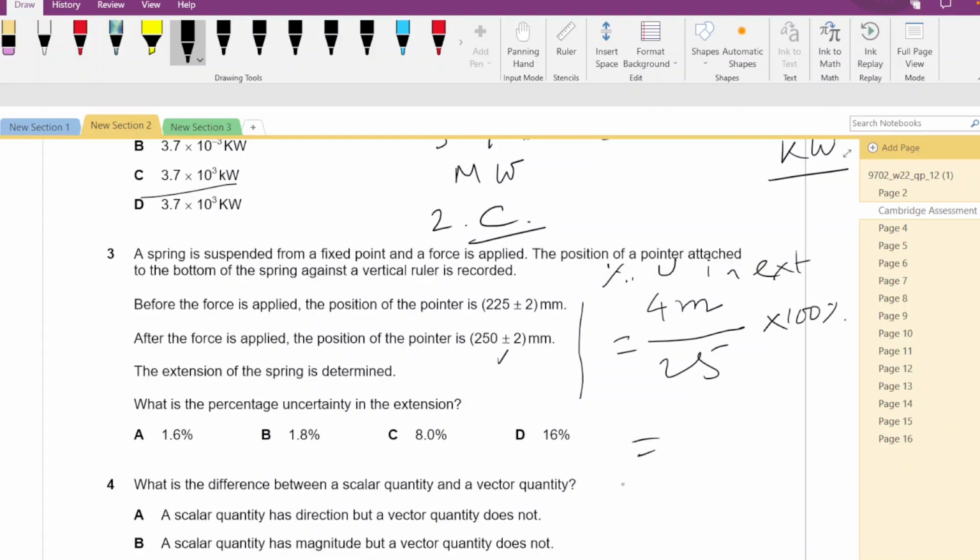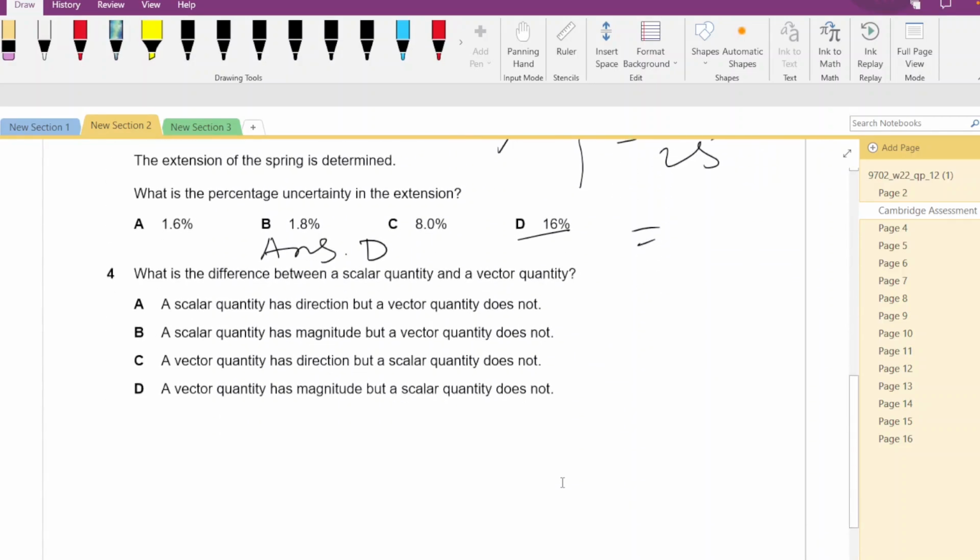If we calculate this using a calculator, it gives 16%, and 16% is answer D. Therefore, the answer for question 3 is D, 16%.